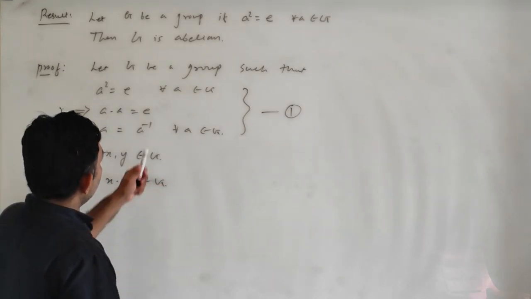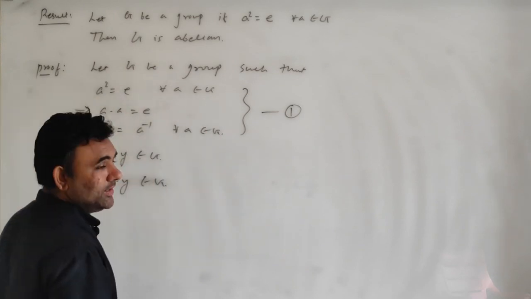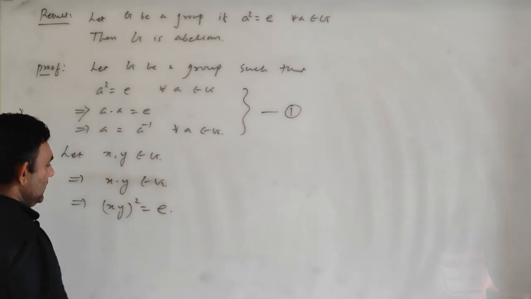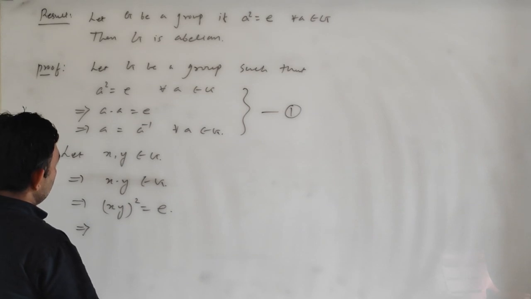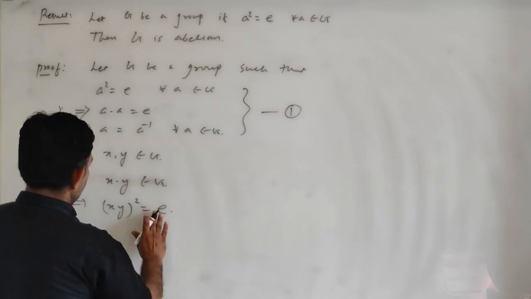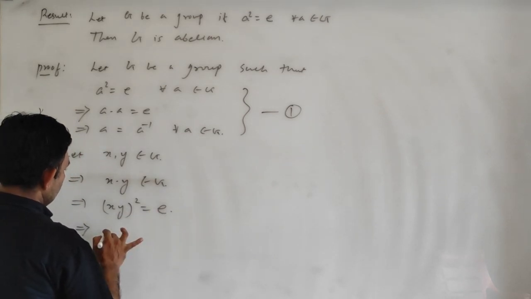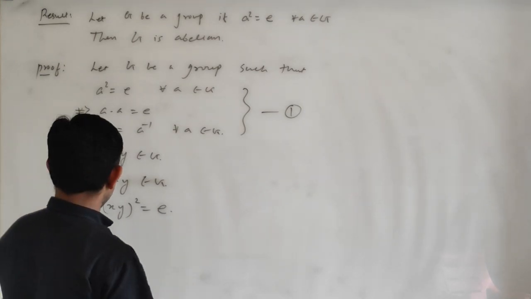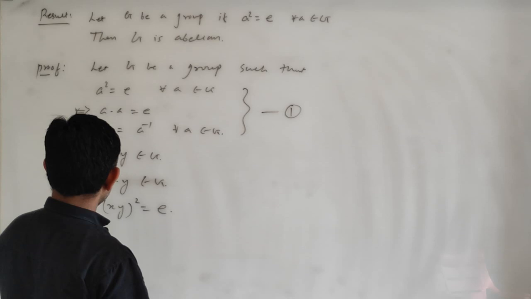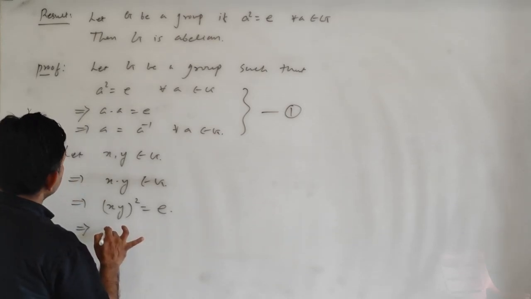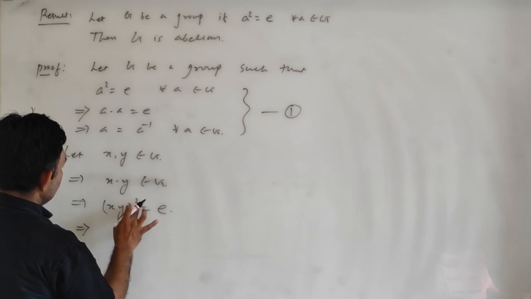But for every element in the group, I have that its square is identity. So this (xy) square is identity.